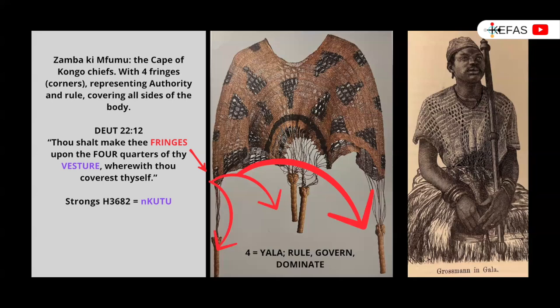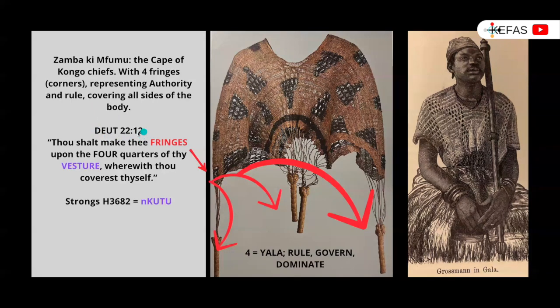So we have the number 4, which is in Kikongo, Yala, in Lingala, Mitano, or Mitanu. The O and the U are interchangeable, so Mitano or Mitanu. 4, Yala in Kikongo means rule, govern and dominate.